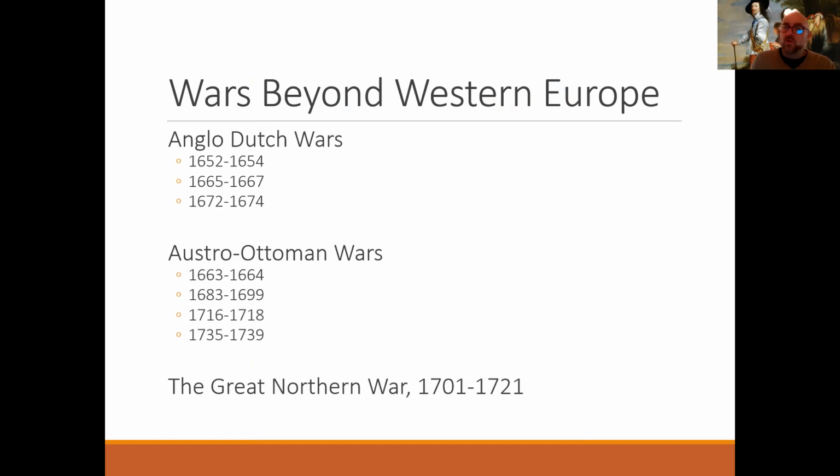But in the Great Northern War, this is when Peter the Great, after suffering some initial defeats, revamps his army along Western lines and defeats the Swedish, takes their territory. This is when he builds his city on the Baltic, St. Petersburg. This is the end of Sweden as a great power. Their Baltic territories are taken, most of them, and Russia becomes a great power at the end of this period.